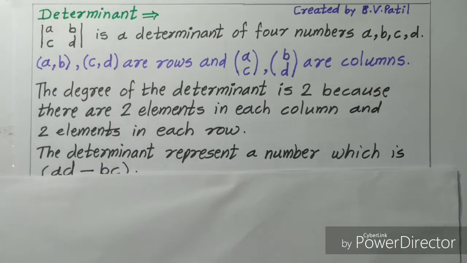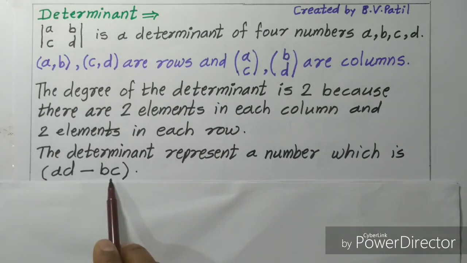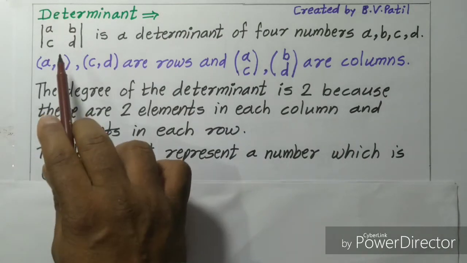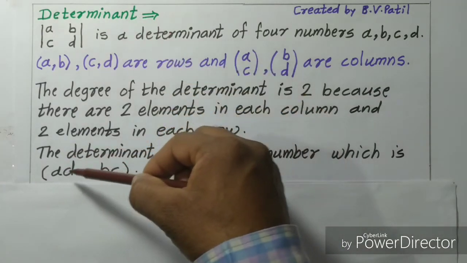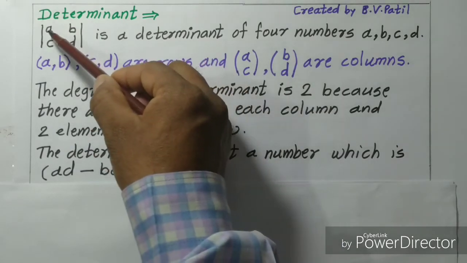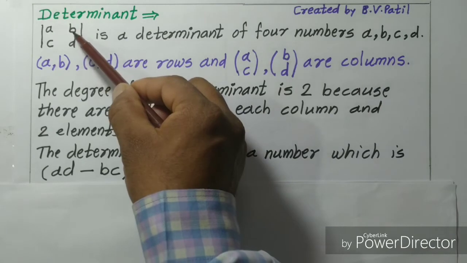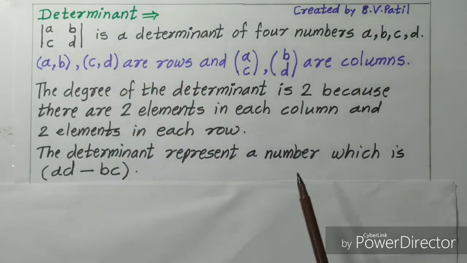The determinant represents a number which is AD minus BC. We get that number by cross multiplication, meaning A and D multiplication: A multiplied by D minus B multiplied by C. That is the number.